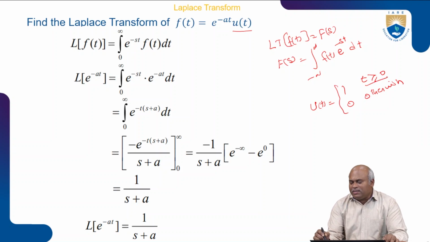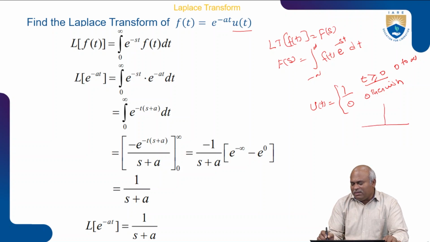So this means from 0 to plus infinity the values are represented as 1, and for t less than 0 down to minus infinity the value is 0. Here I should draw the waveform.